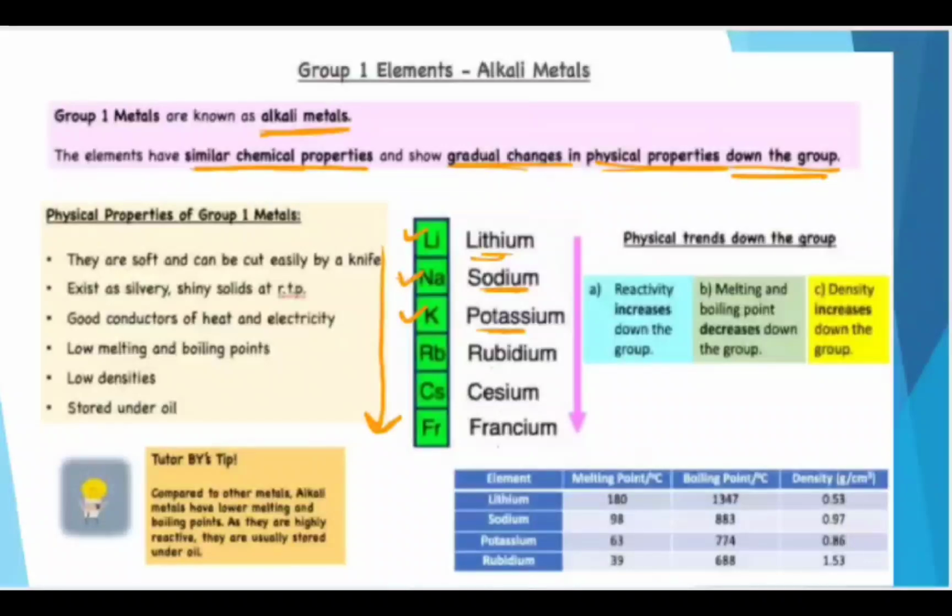Furthermore, they are soft and can be cut easily with a knife, and exist as silvery shiny solids at room temperature, except for mercury. They are good conductors of heat and electricity. We read that in the differentiation table as well.